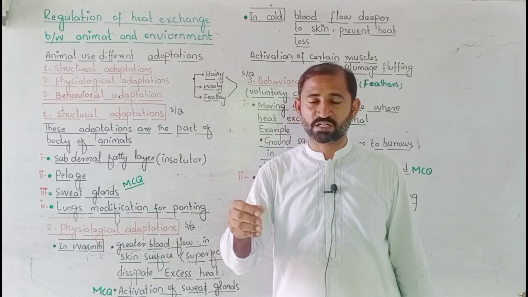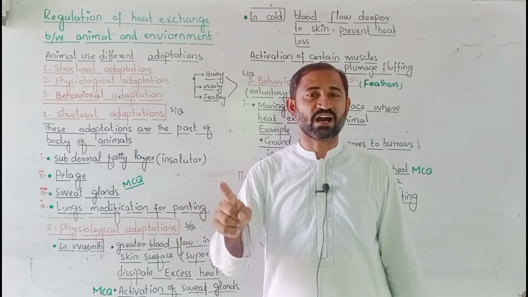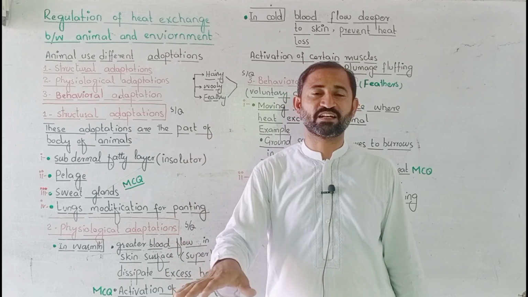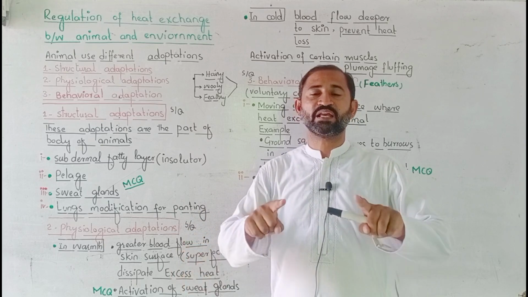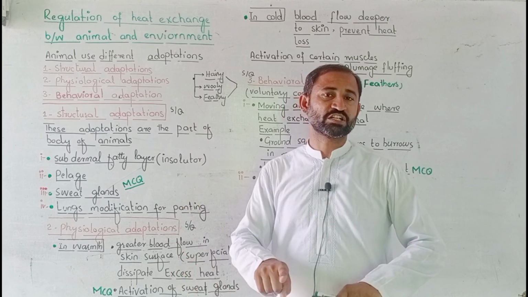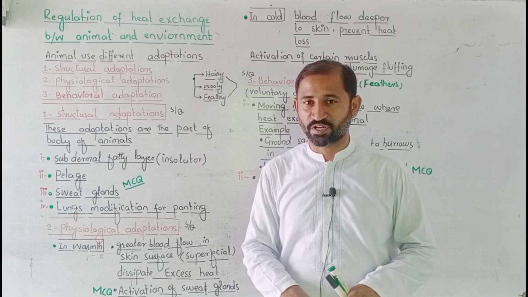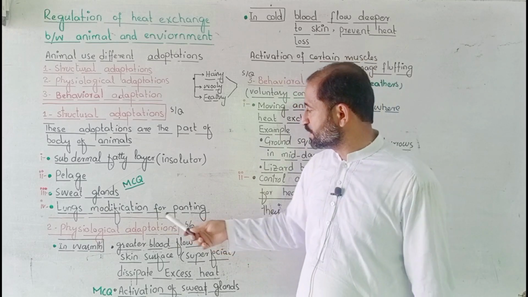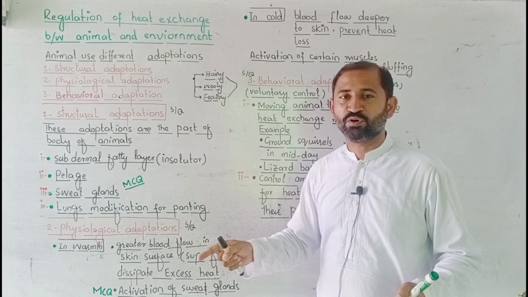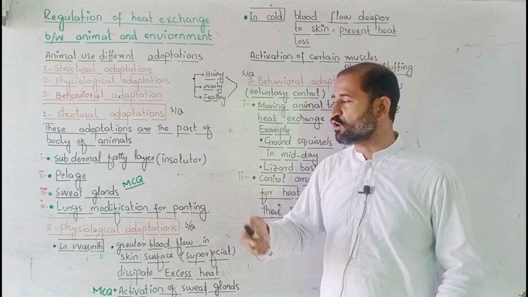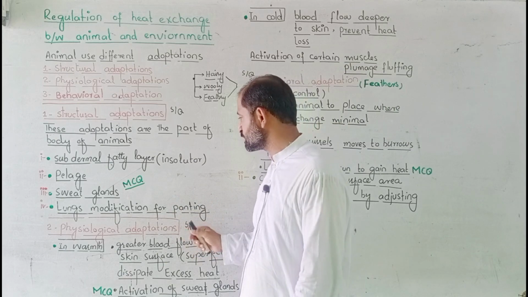This hot water being released also causes a decrease in the temperature of the dog. It is known as panting. Panting is a respiratory system modification that decreases the temperature of the dog. Panting means sweating on the tongue in the case of a dog. This is called lung modification for panting.